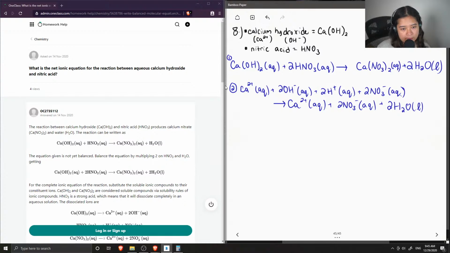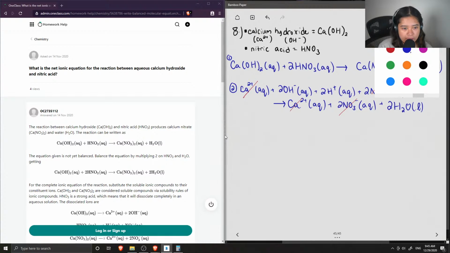Okay, so now that we wrote out our ionic equation, we are going to cancel out the spectator ions, which are the ions that appear the same on both sides of the equation. So in this case, it's calcium 2 plus. I can cancel it out. And the nitrate ion is the same on both sides, so I can cancel that out as well.